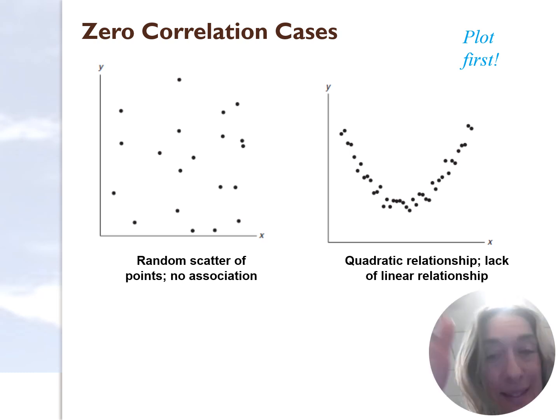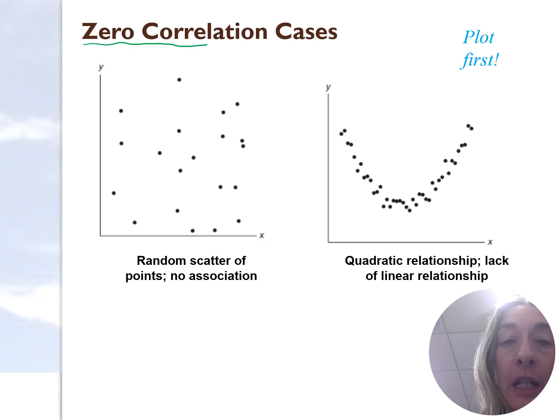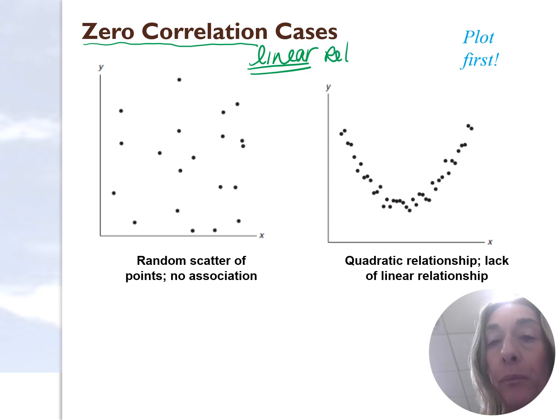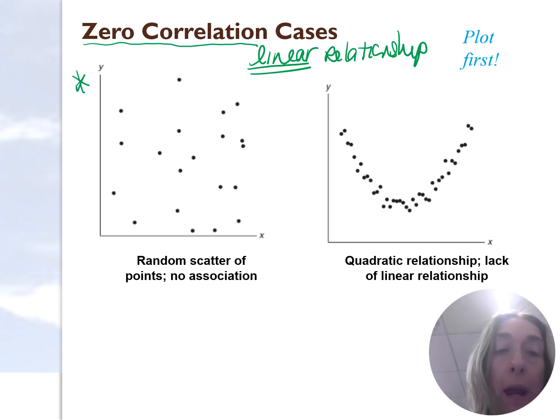Now these cases actually depict zero correlation. Think about when we first introduced the term correlation. Correlation refers to the degree of the linear relationship between two variables. Let's look at the graph on the left.